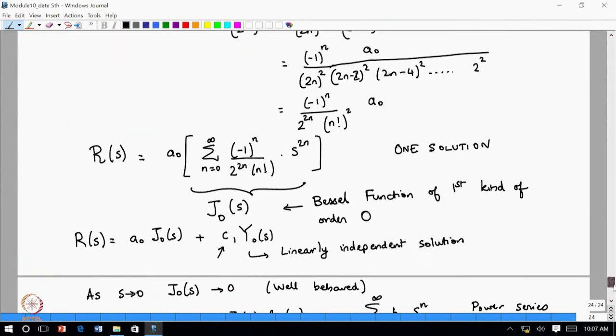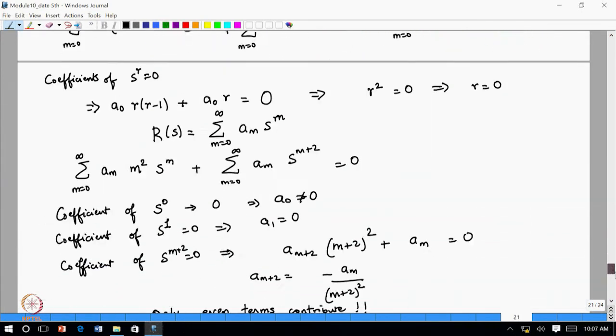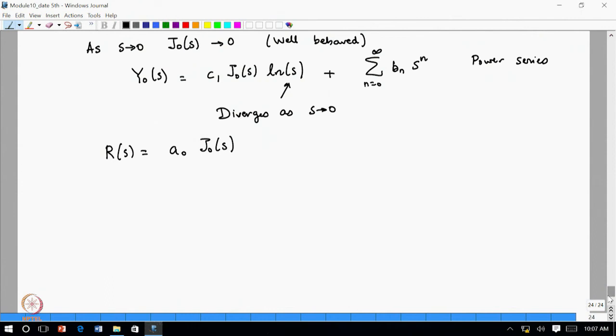Now this is the spherical system. Now there must be some other boundary conditions. So, this satisfies well behaved nature as s tends to 0.